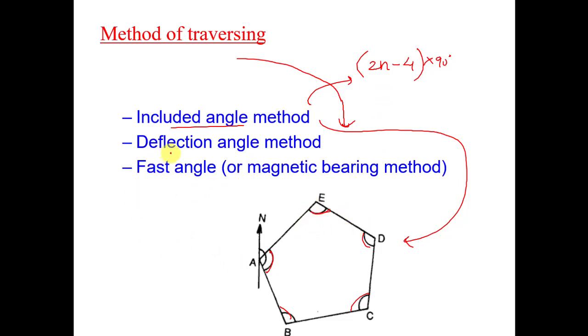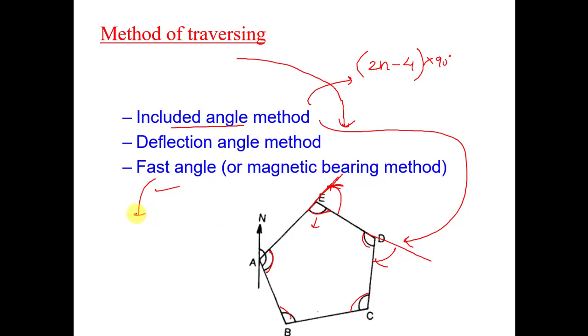The second one is the deflection angle. The deflection angle is the deflected angle. If you know the internal angle, you subtract this internal angle from 180 degrees, and you get your deflected angle. And the last one is fast angle or magnetic bearing.